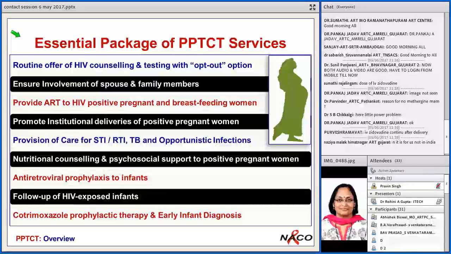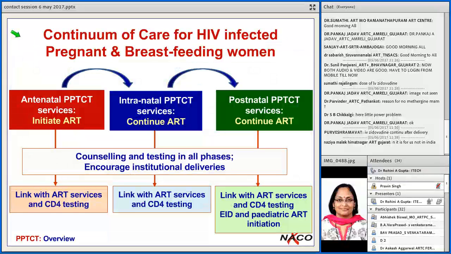So our basic goal of follow-up of HIV exposed infants is initially to give ARV prophylaxis and thereafter to do the regular EID diagnosis by DBS to detect infection. If found to be HIV infected, the baby needs to be put on ART. Along with this, cotrimoxazole prophylaxis is given to all babies till HIV infection is excluded.